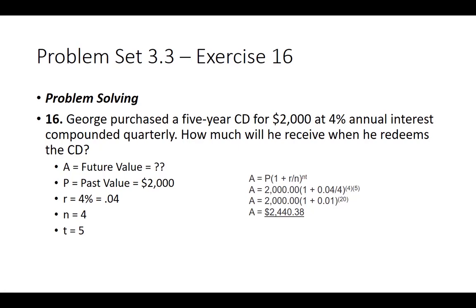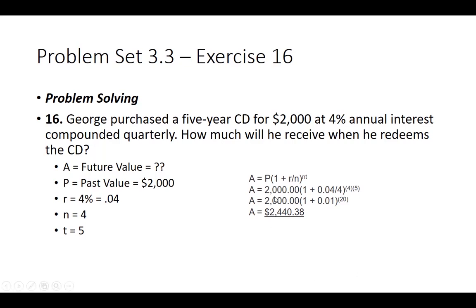So we want to know how much he'll receive when he redeems it. That means we're looking for the future value. We have the past value of $2,000. 4% interest as a decimal is 0.04. Compounded quarterly means our N is 4. And it's a 5-year CD, so T is 5.